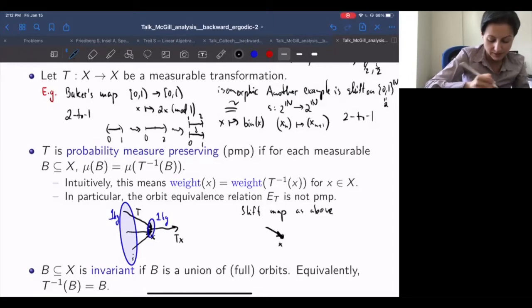X is a sequence of zeros and ones, and its pre-images are, you either forget the 0 in the beginning or you forget the 1 in the beginning. So this is 1 followed by X and so on, right? So it's this binary tree. I'm drawing one orbit, this is the shift of X, whatever, and so on.